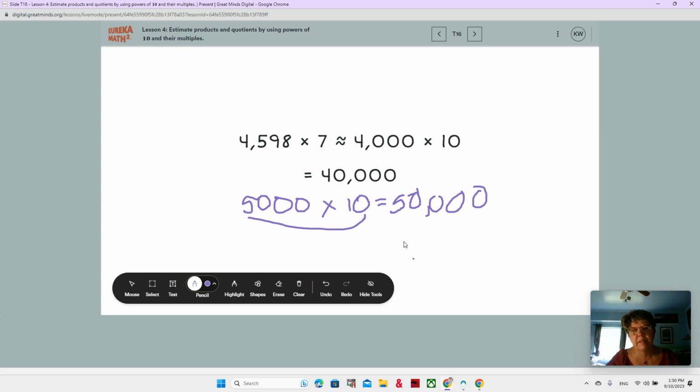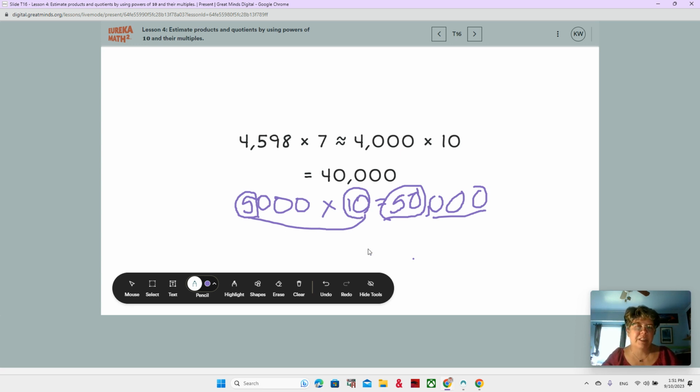Okay, sorry, that's a little sloppy there. Notice that we're not using this extra 0 here. We do have 4 zeros, but what I did was 5 times 10, right? And that's how I got my 50. And then I added 3 zeros on. So you want to be careful not to add 4 zeros on because we already used the 0 in the 10. Just a little side note there.